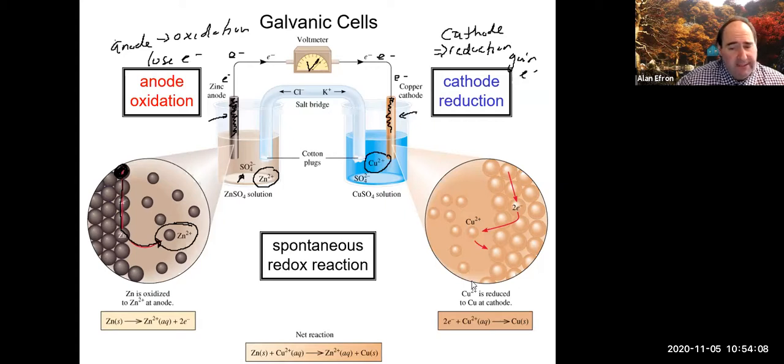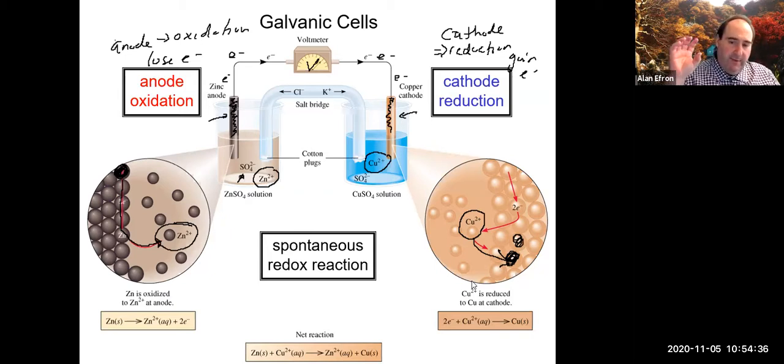So if we super zoom in, as those electrons come in from the other side, they will combine with our ions that are floating around in the solution. And those ions will pop out of solution and become solid copper in this particular case.